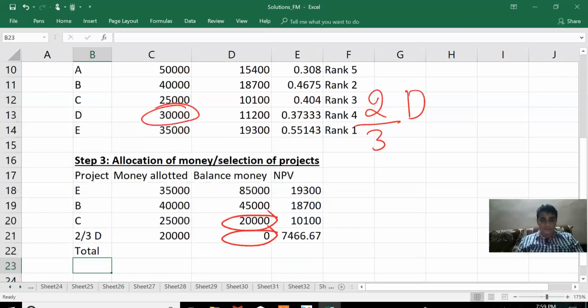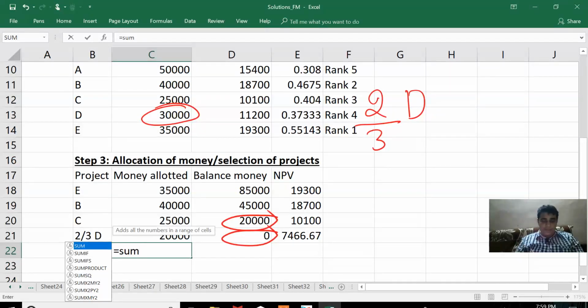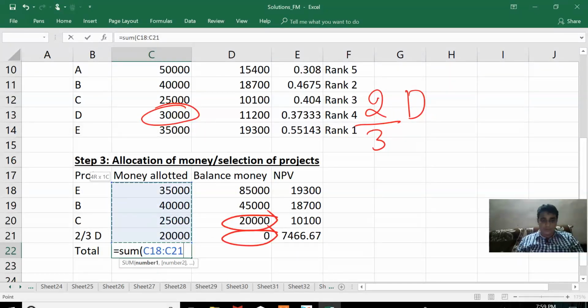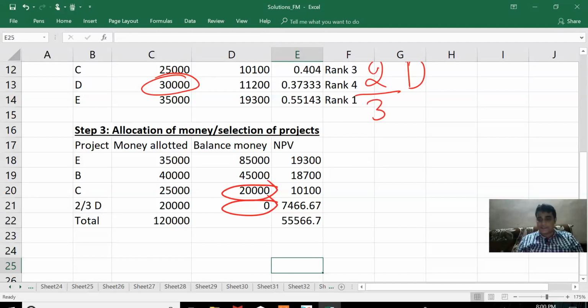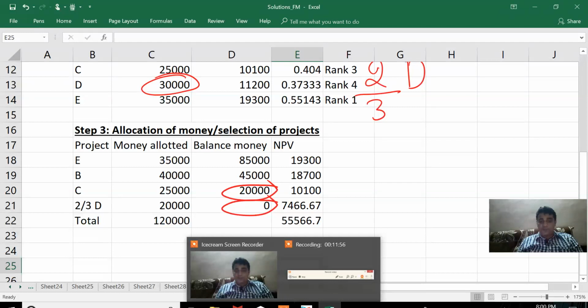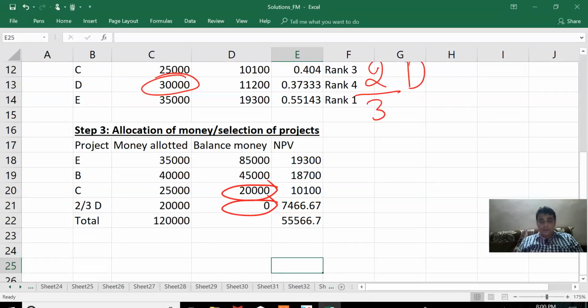Now total, I have invested 1,20,000 which I had, and I am going to earn NPV of 55,567. Invested entire amount and got 55,567. 1,20,000 is the money available. We invested it. We got 55,567. Clear?